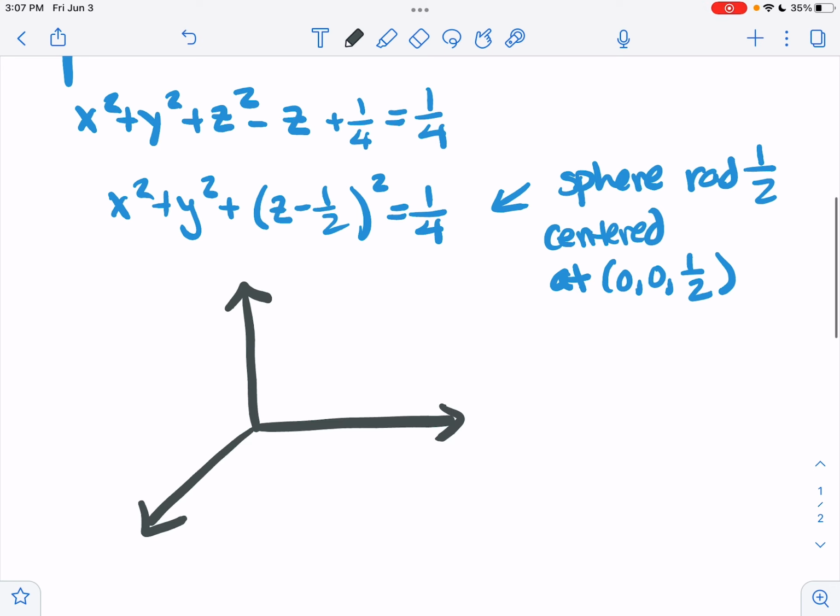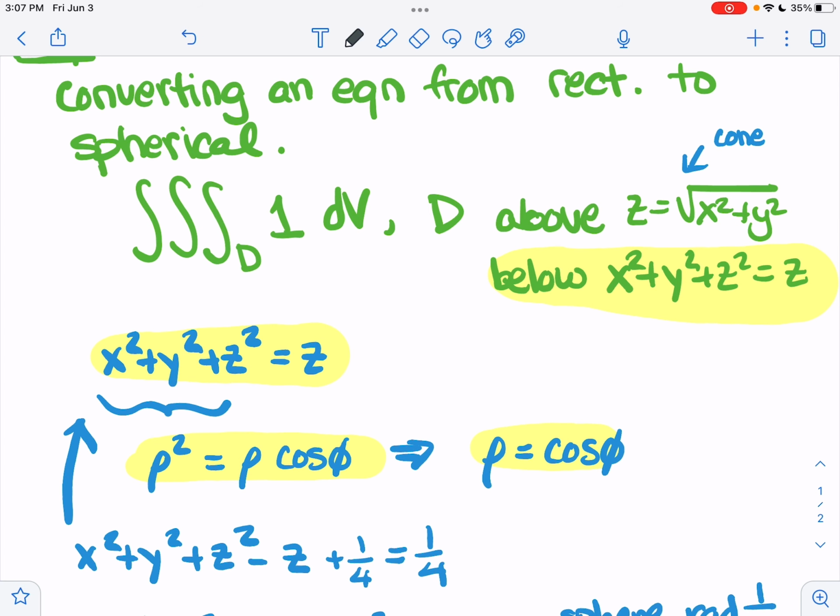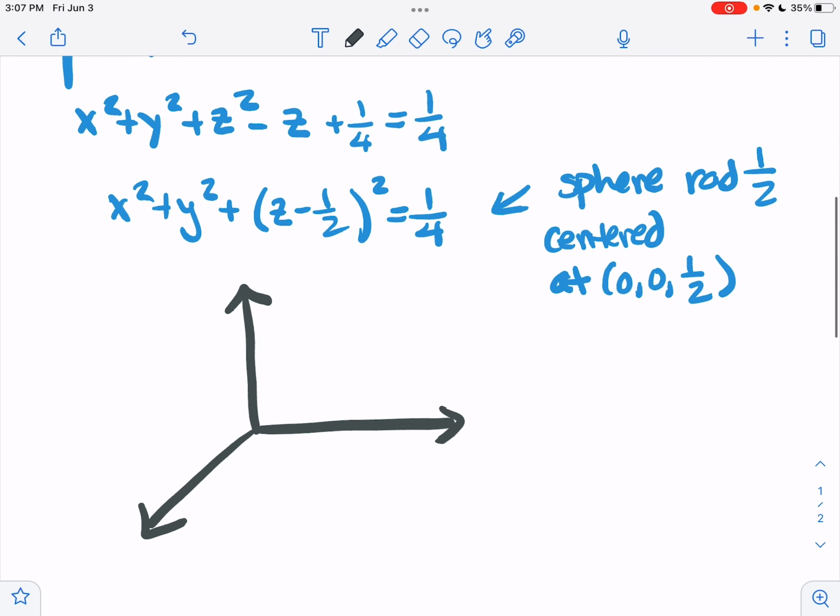And so what is our shape? We have a cone below, everything above this cone, and everything below this sphere. So the sphere is the sphere centered at 0, 0, 1/2 with a radius of 1/2.